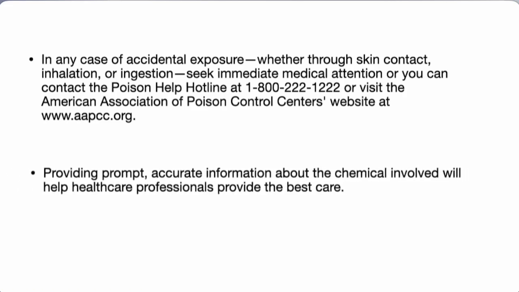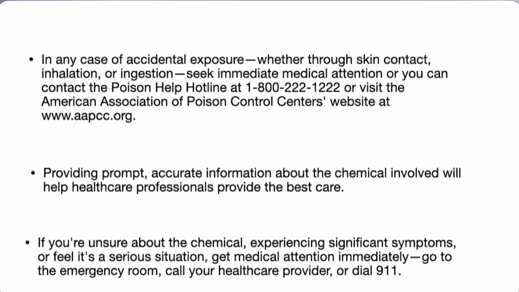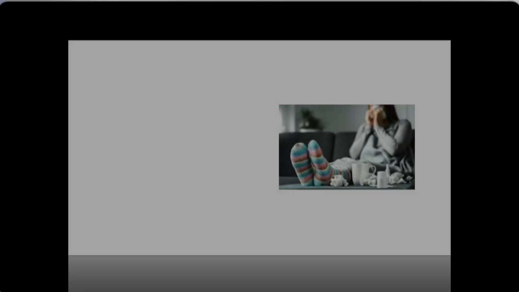Providing prompt, accurate information about the chemical involved will help healthcare professionals provide the best care. If you're unsure about the chemical, experiencing significant symptoms, or feel it's a serious situation, get medical attention immediately. Go to the emergency room, call your healthcare provider, or dial 911.